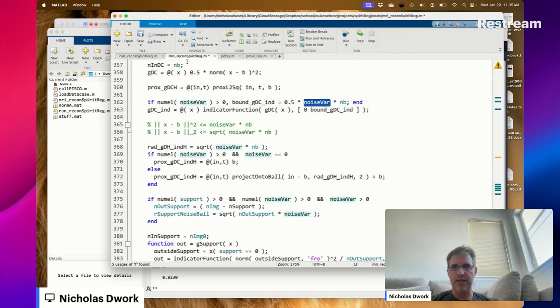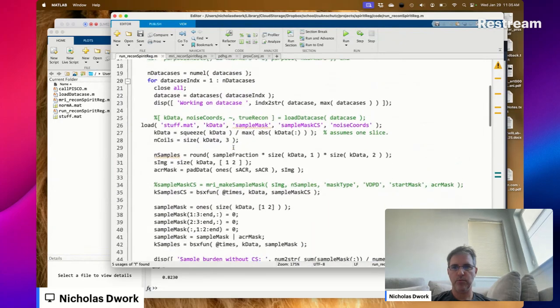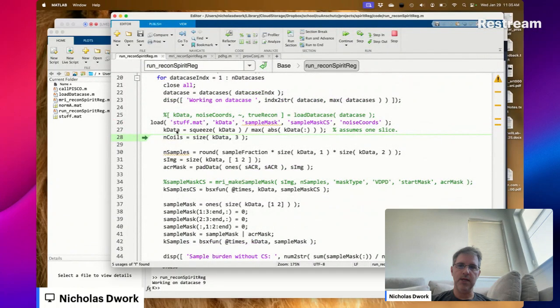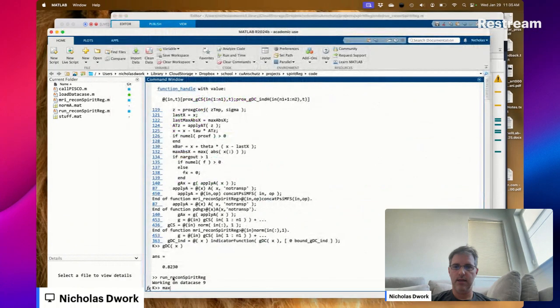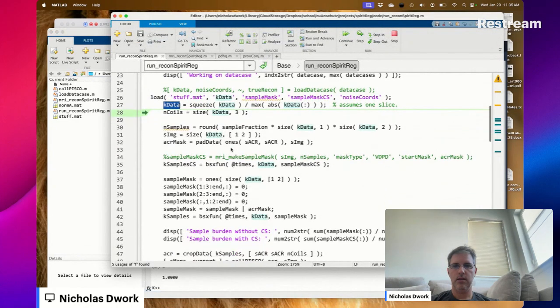This is with normalized data, right? This just seems impossible. This is normalized data. The max of absolute K data is 1. How is the noise so small?